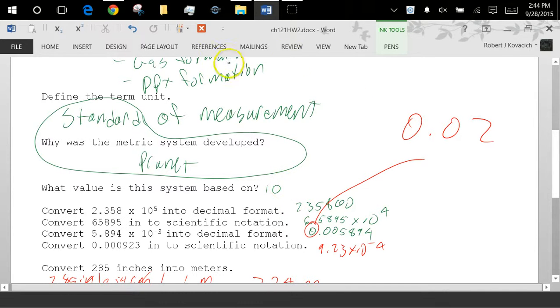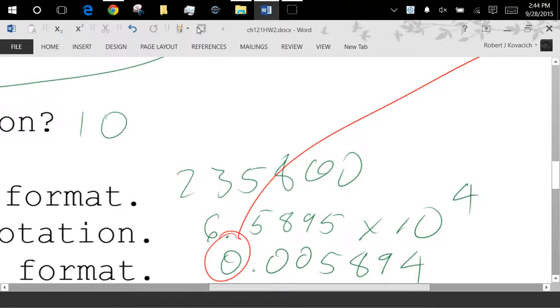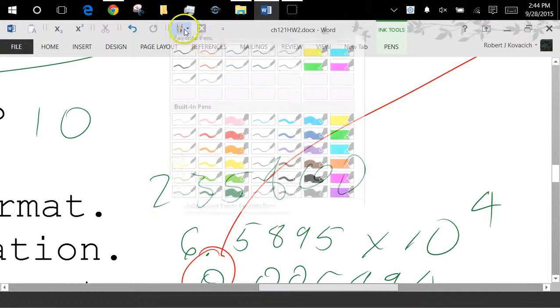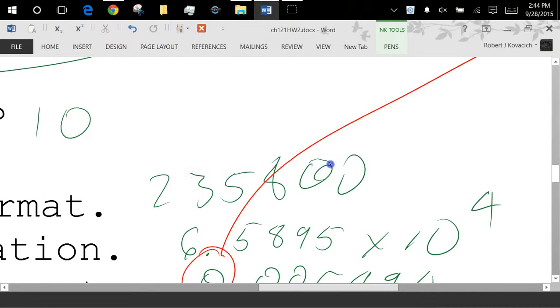I was like, where did that 6 come from? That totally looks like a 6. Is that better? No. Is that right? How about that?